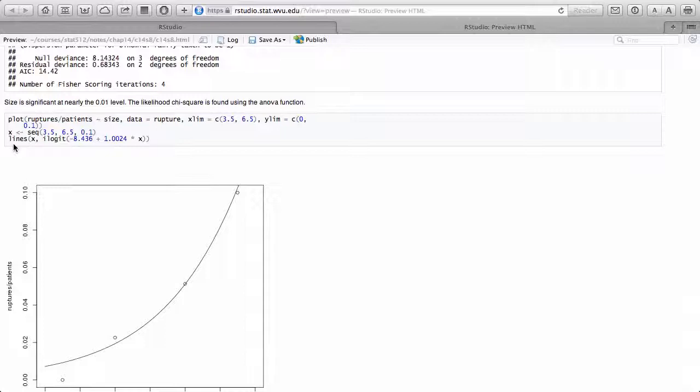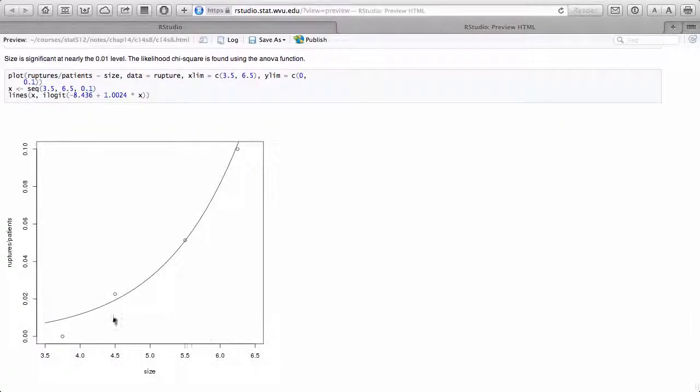So I use lines of x, and notice the function is the inverse logit of my equation alpha plus beta x. Again, x takes on the values 3.5, 3.6, 3.7, all the way up to 6.5, and lines draws it as a smooth curve on the graph.